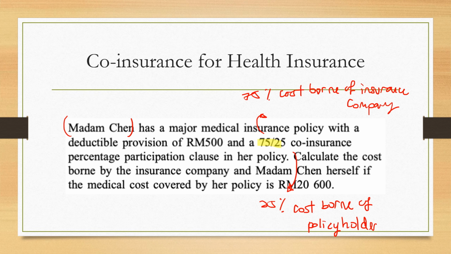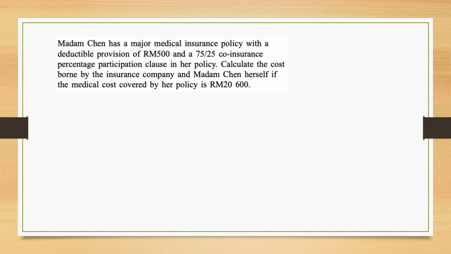Okay, so now let's figure out how to solve this. First, let's list down the details from the question. Major medical insurance policy with a deductible provision of 500 ringgit and 75/25 split co-insurance percentage participation. Find the cost borne by the insurance company and Madam Chen if the medical cost covered by the policy is 20,600 ringgit.